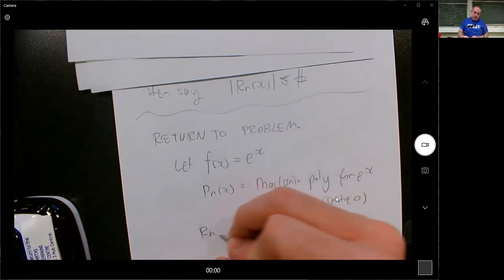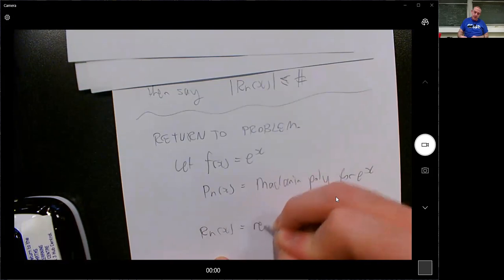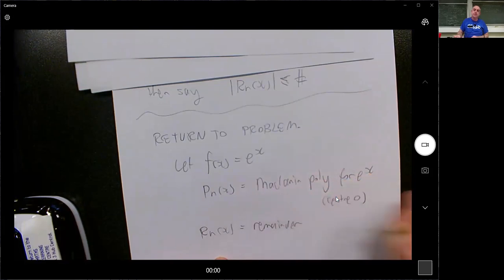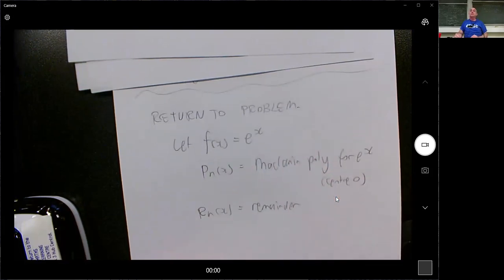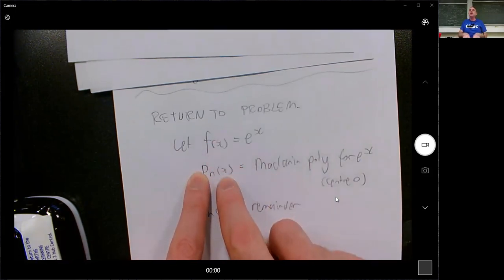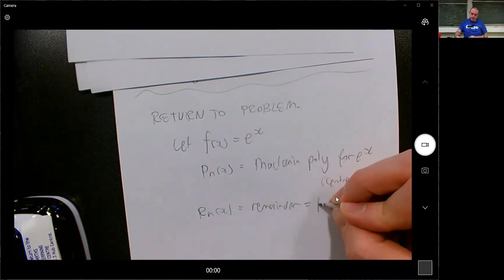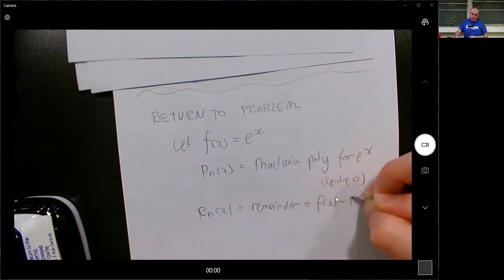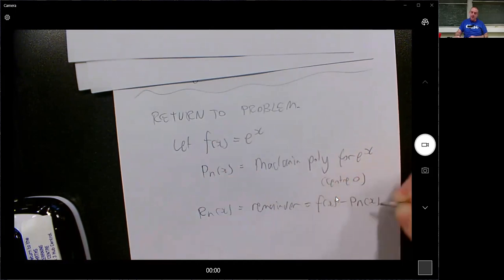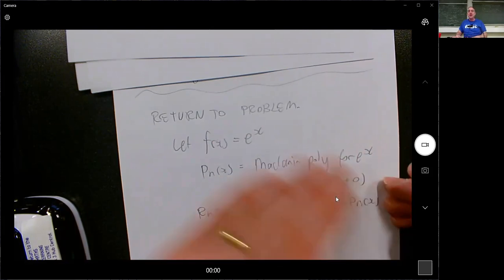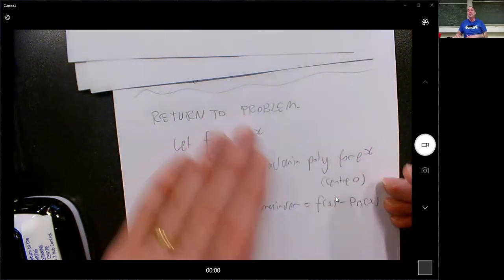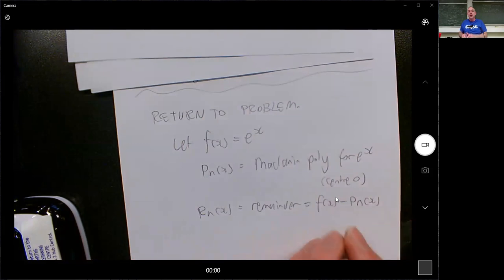And Rn of x is the remainder, which means it's f of x minus Pn of x. But we are imagining that we don't know how to calculate e to the power of x, other than by using a Taylor polynomial. So I'm not going to calculate the exact remainder. I'm just going to leave it like that.